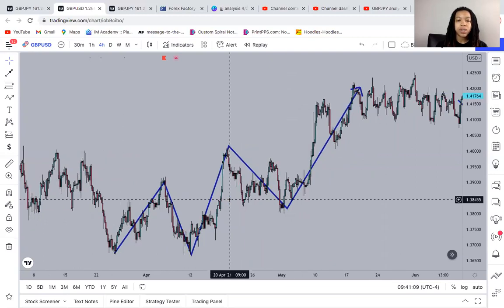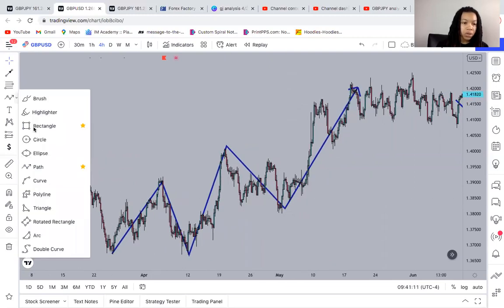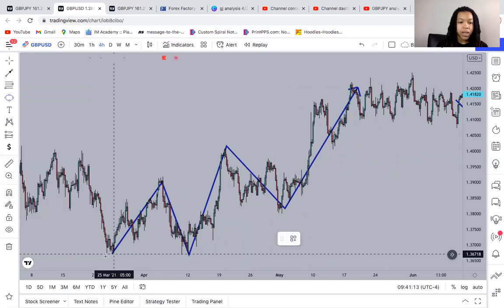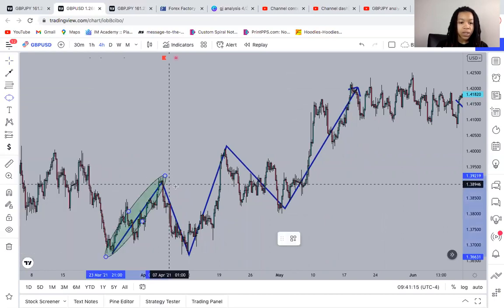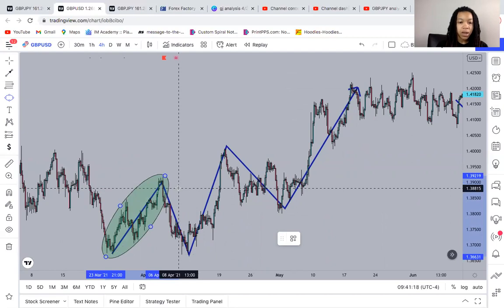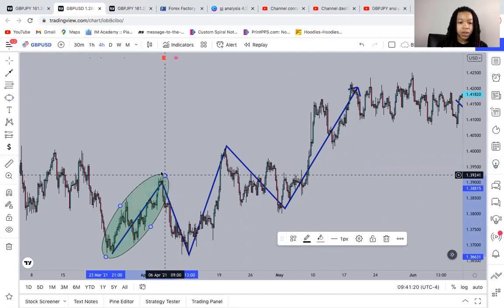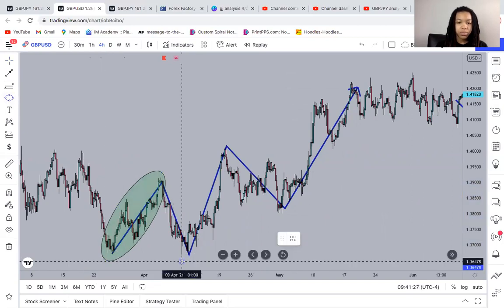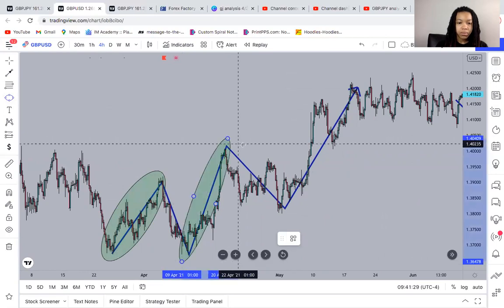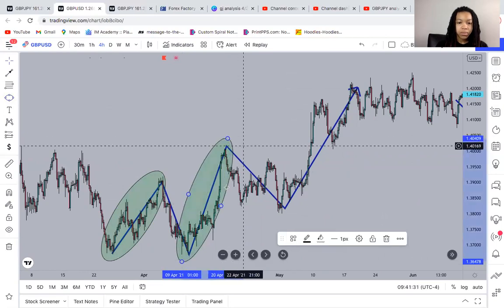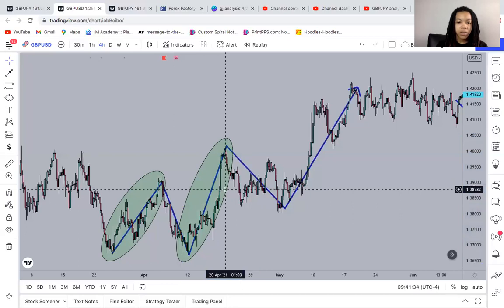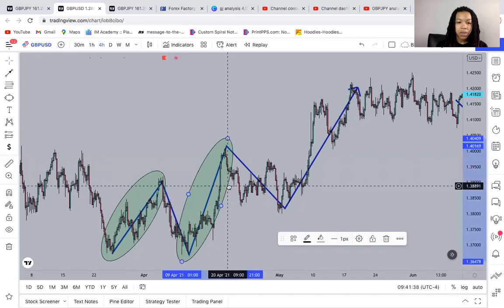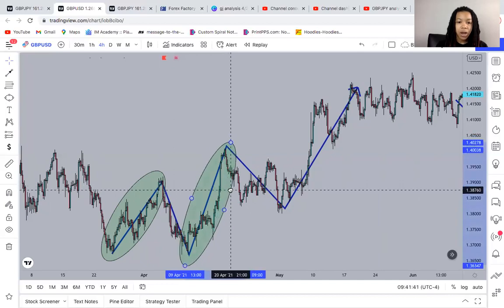Let's go ahead and take a look at that. Before we do, I'm going to highlight these areas so that when we zoom in, you see exactly what I'm looking at. I'm going to make the uptrends green, and I'll leave the downtrends not highlighted, because those are going to be our pullbacks inside of the market.